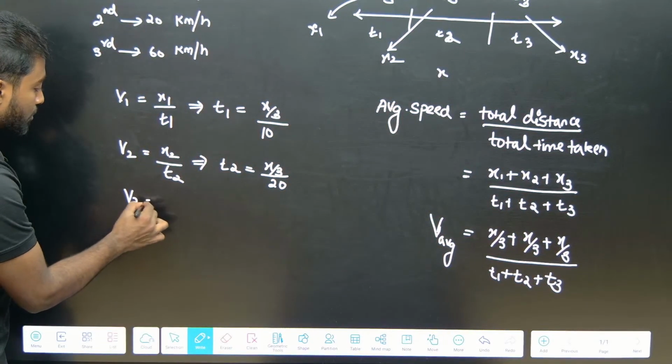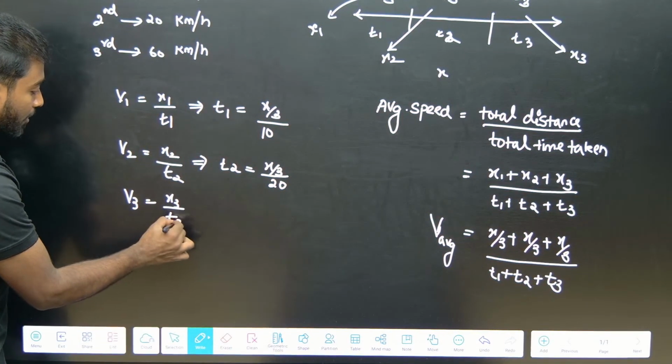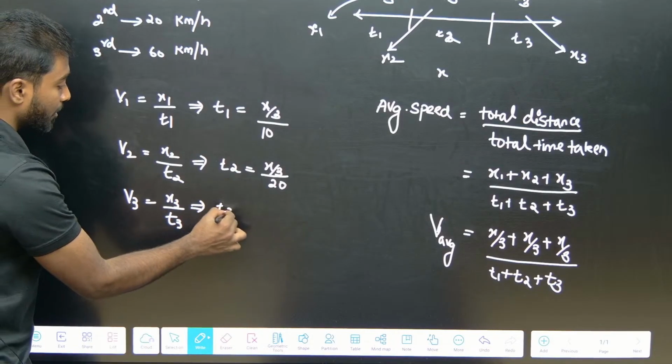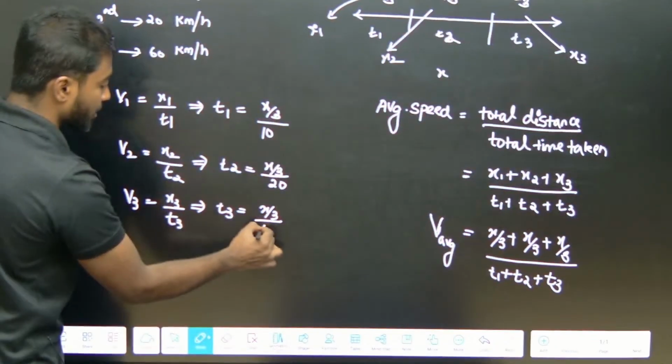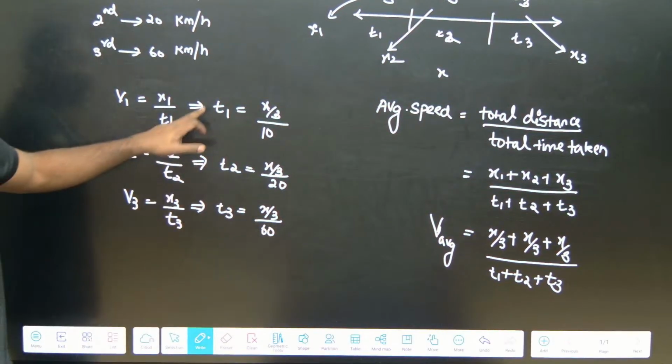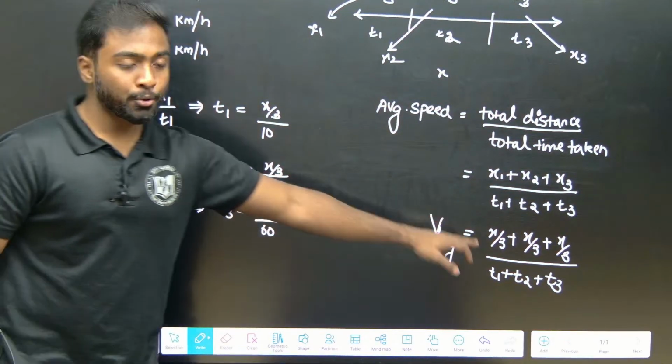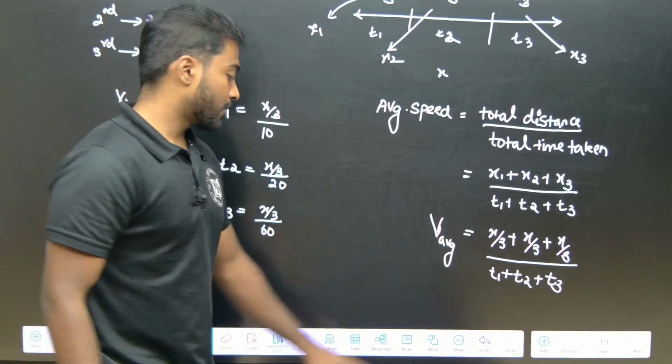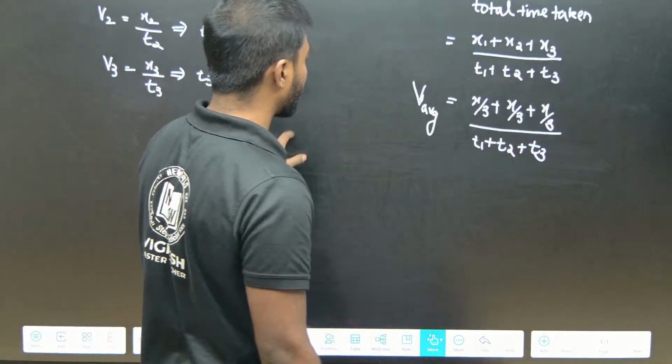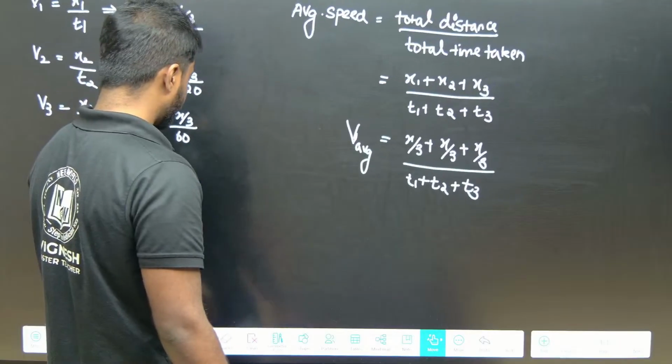V3 equals x3 by T3, so T3 will be x3 by 60. So we know x, t1, t2, t3. Can I substitute these values here? Yes, absolutely, we can substitute the values.